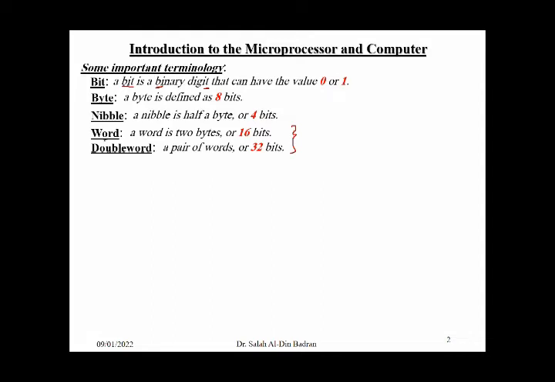So this definition does not necessarily always apply. Word is 16 bits and double word 32 bits for Intel. We will see that for Intel microprocessors.